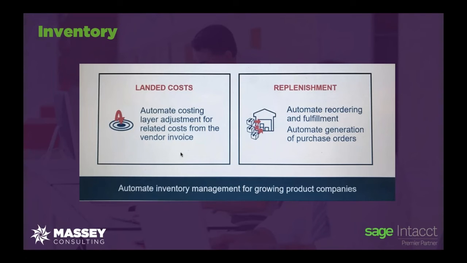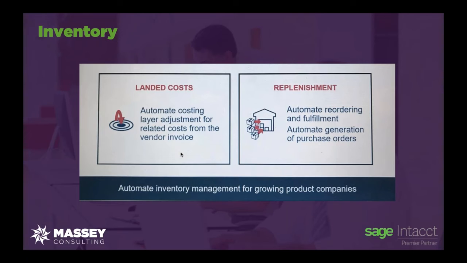So 2 big enhancements on the inventory side for companies that do have inventory. If you need it, Sage Intacct now has landed costs, right? There were some companies that have been on beta landed costs, but it's more generally widely released with this one. So now you can automate cost layer adjustments for invoices that are related to purchase of goods.